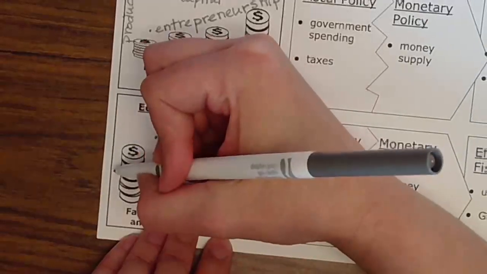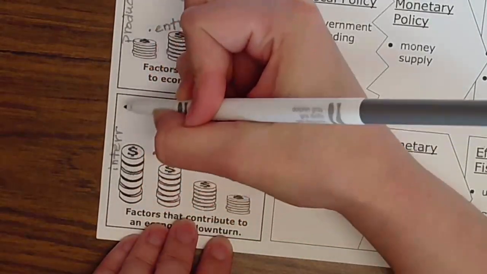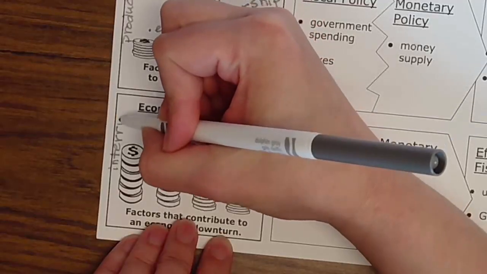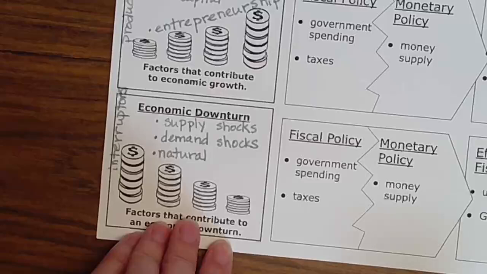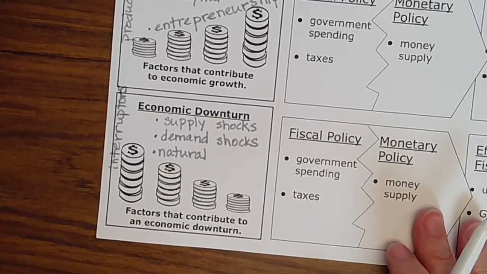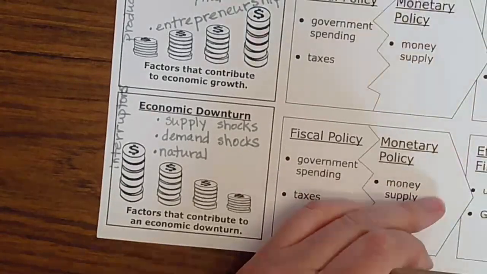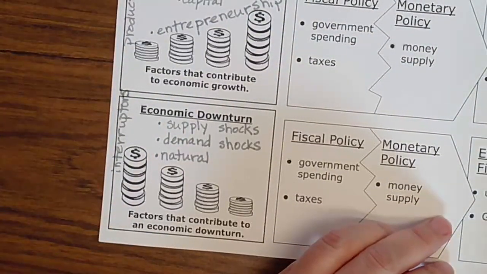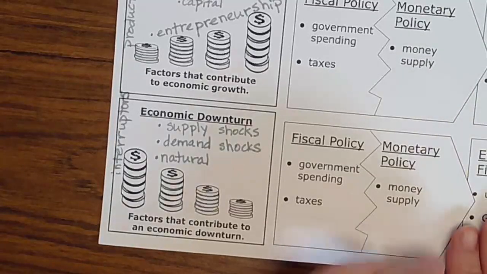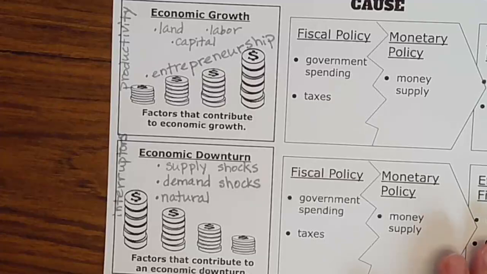This is not an economic term, but I just thought these are the kinds of things that interrupt our productivity. And so I'm going to call them interrupters. And that's not a term you need to know. I just, in my mind, wanted a term that I could put as my category there that would help me remember.